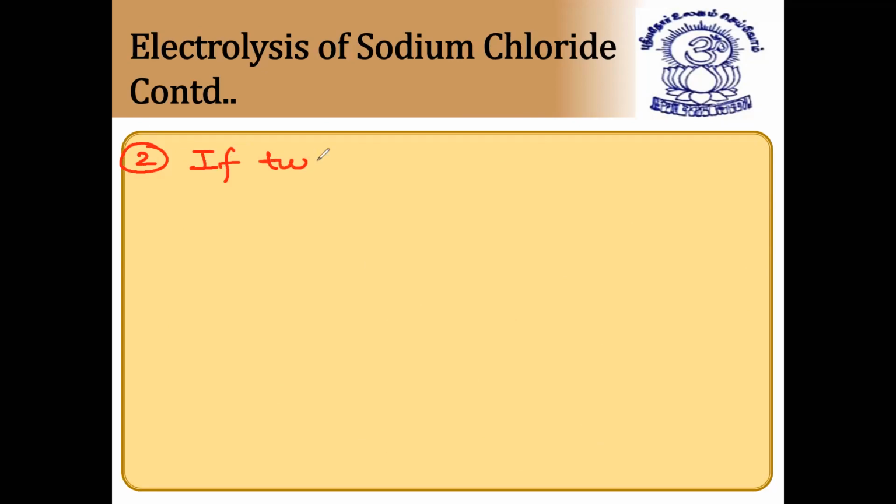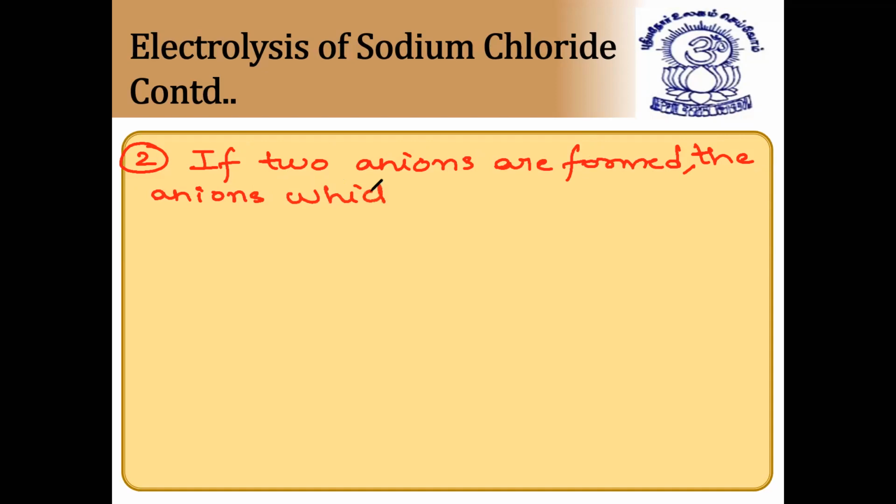generally this case will occur only if we take aqueous solutions. So if two anions are formed, the anion which has lower oxidation state will go and deposit first. This is for our understanding.